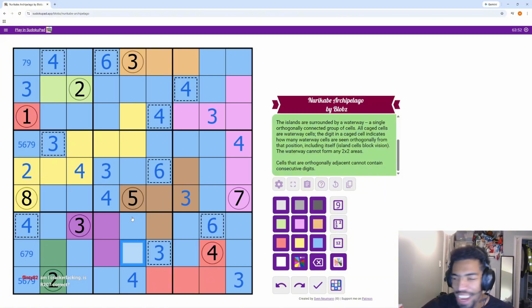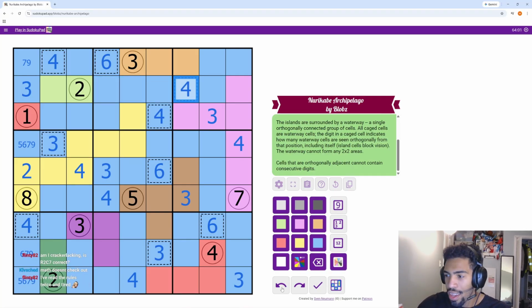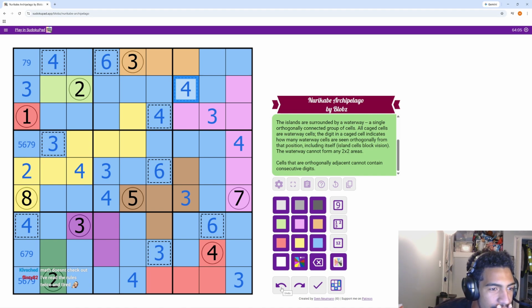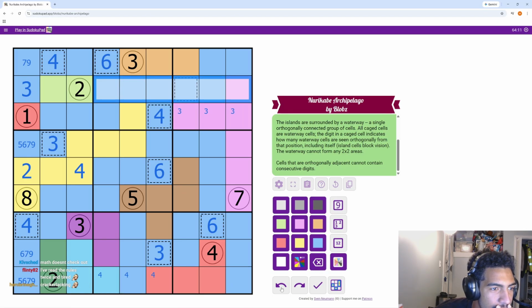Is row 2 lacking a cracker? Oh shoot, you're right. Wait. Wait. That means I have to redo my 4s. Okay.